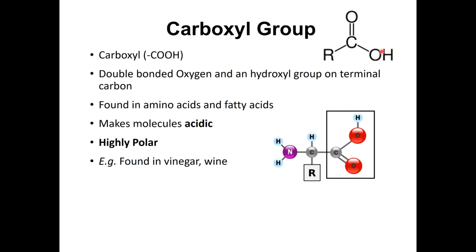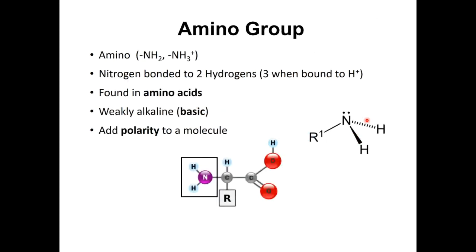So it tends to dissociate and therefore release protons in the solution. As any molecule that releases protons in a solution, this is defined as an acidic group. So any compound or molecule that includes this group would have additional polarity and would be an acid. Amino acid, that's where the name comes from as well. So it reminds you of that part.